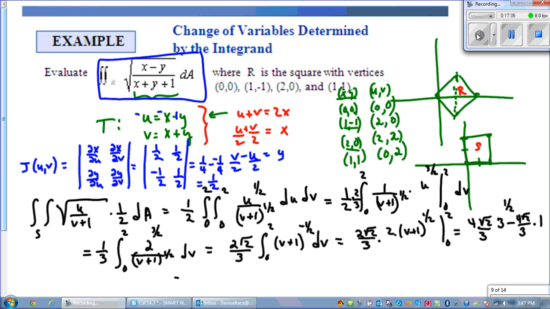So that would be 4 times the square root of 2 over 3 times the square root of 3 minus 1. Okay, and that's just changing the variables so that we could change this region of integration to make it a simpler integral.